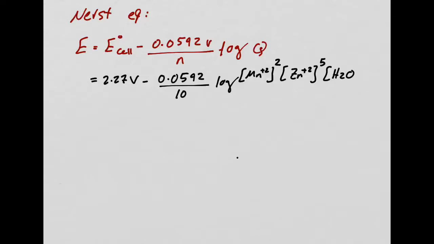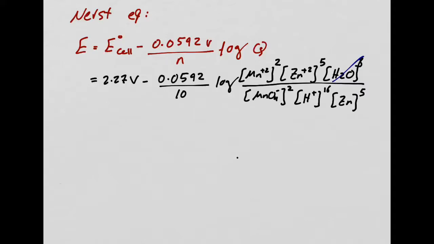When you do equilibrium, I'm just going to write it and then cross it out, just so you don't forget that liquid and solid don't count. Then I'm going to come down here: MnO4- to the power of 2, H+ to the power of 16, and zinc to the power of 5.